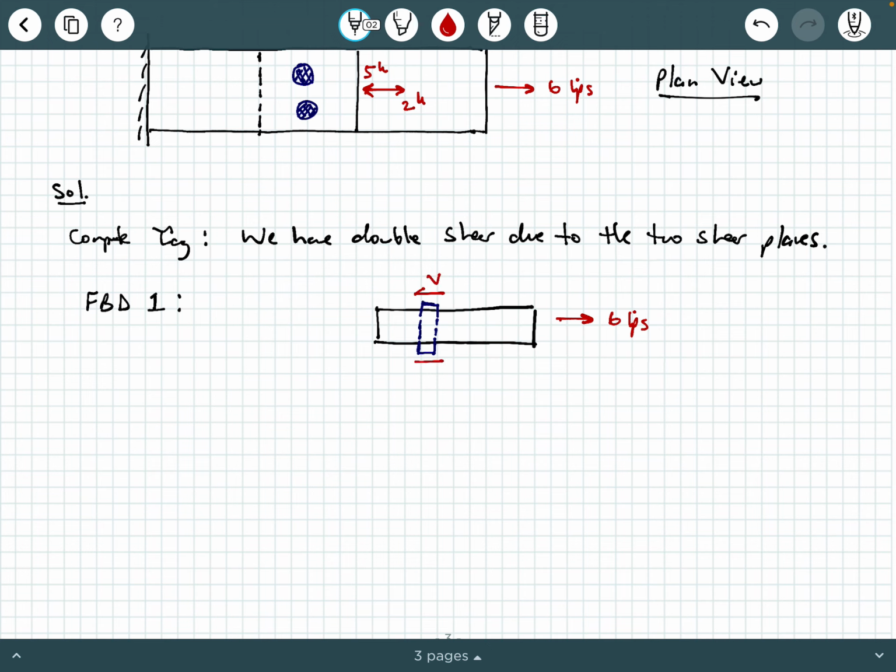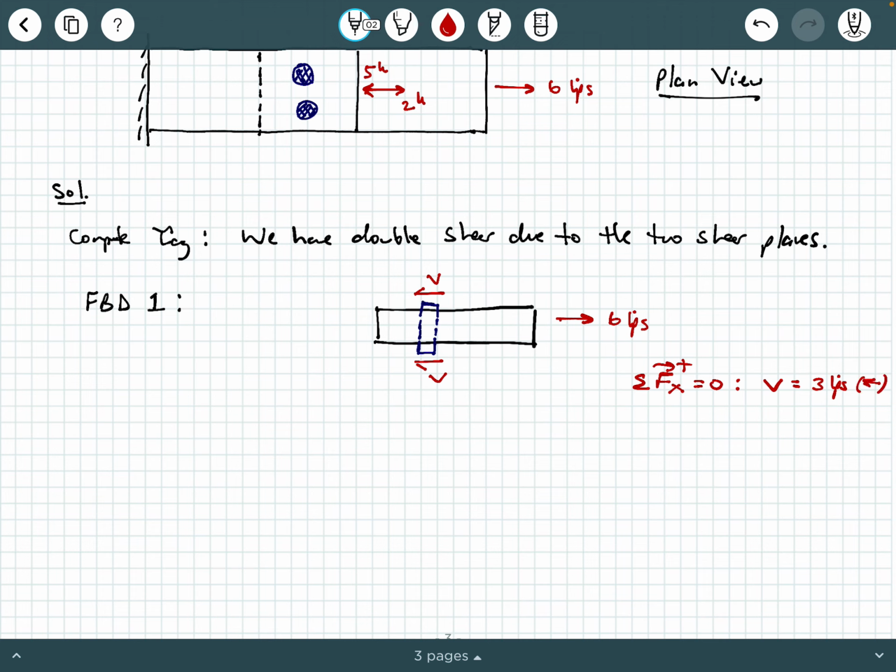Here is shear force V. And so by equilibrium, we can say sum of the forces in the x direction equals 0. Hopefully we can clearly see that V is equal to 3 kips, pointing to the left here.